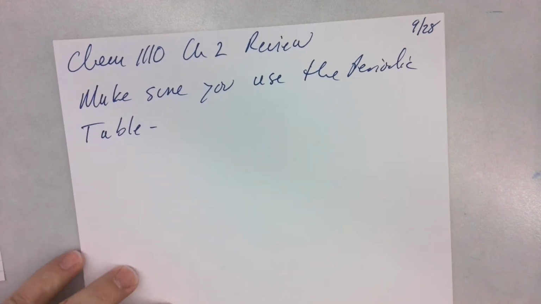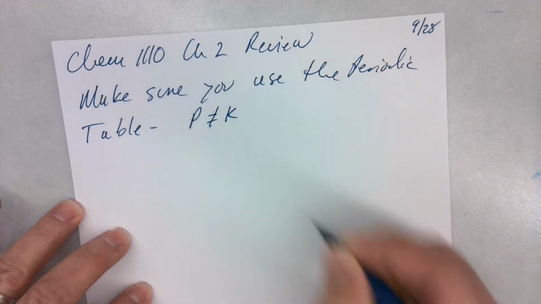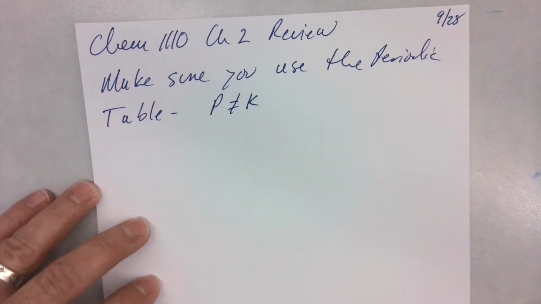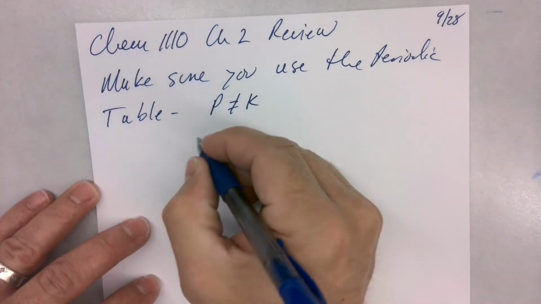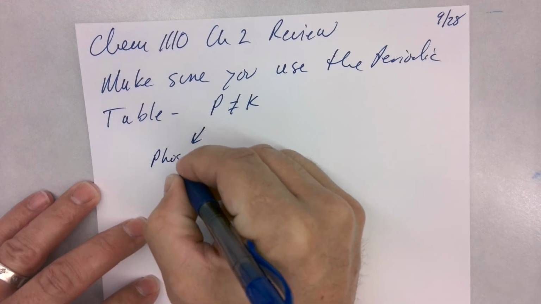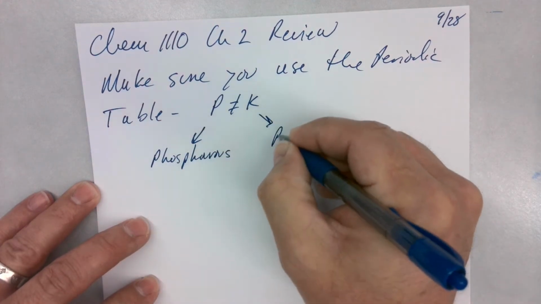Like something I wrote down right here, I wrote P does not equal K. Anybody know what I mean by that? P is phosphorus. Okay, K is potassium.